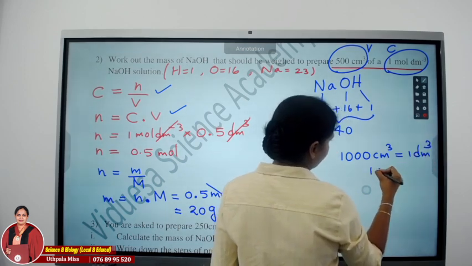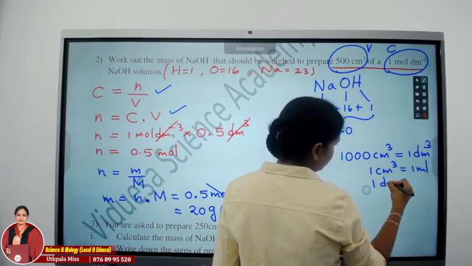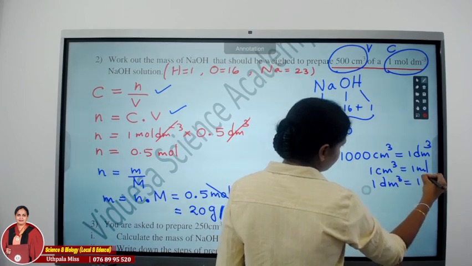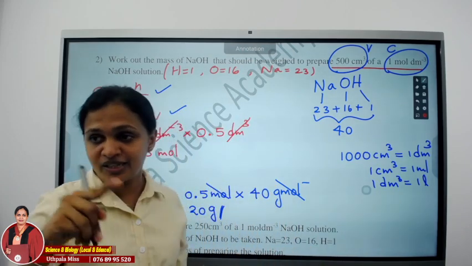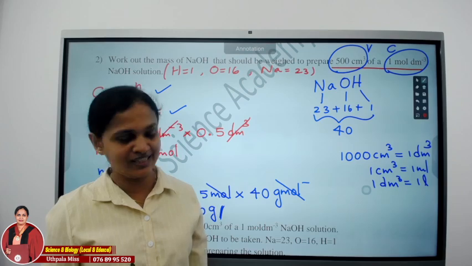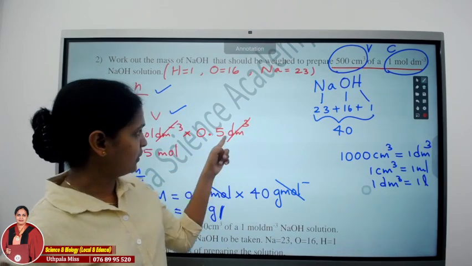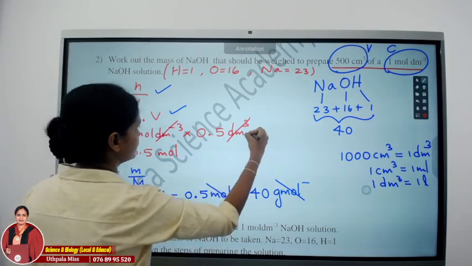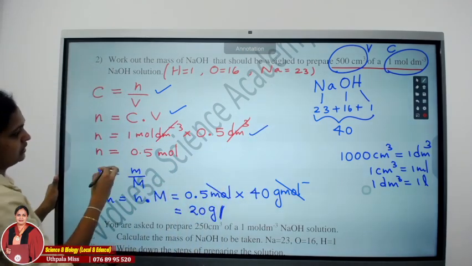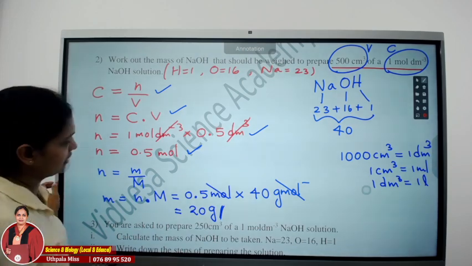I said before, 1 cubic centimeter is equal to 1 milliliter, and 1 cubic decimeter is equal to 1 liter. And 500 cubic centimeters means 0.5 cubic decimeters. Then you get the number of moles as 0.5 moles.